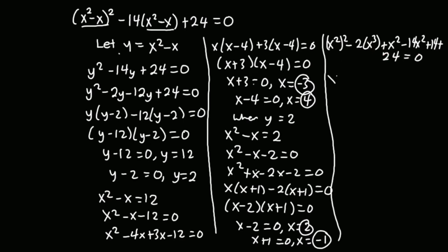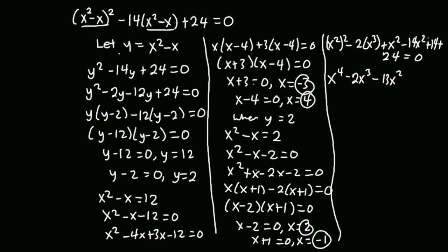So this will give me x exponent 4 minus 2x cubed. Then we have negative 14x squared, and then we have another x squared, so this will give me negative 13x squared.